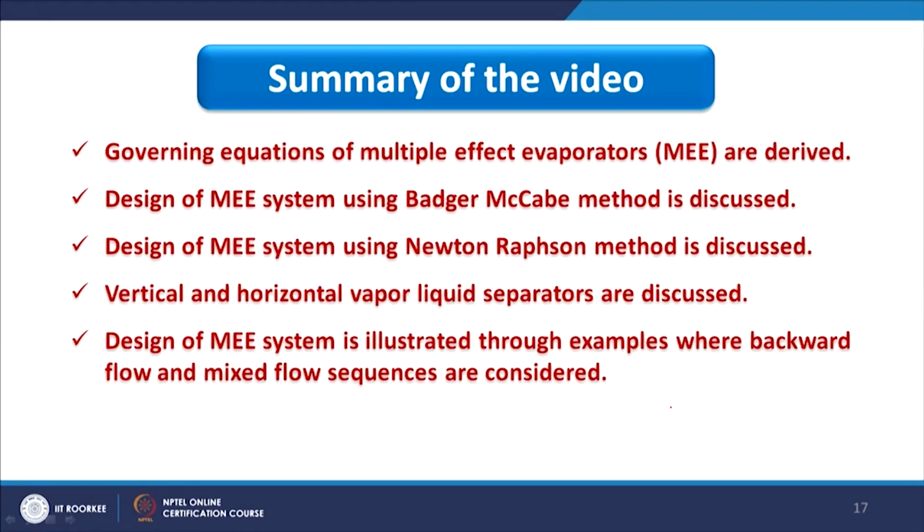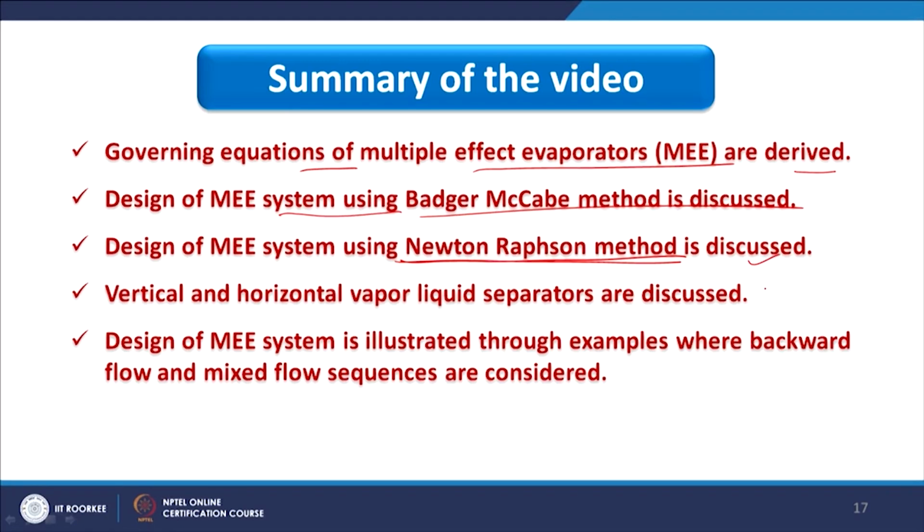This summary includes the summary of lectures 1, 2 and 3 of this week, and it goes as: in these lectures governing equations for multiple effect evaporator systems are derived, design of multiple effect evaporator systems using the Badger-McCabe method we have discussed, and further we have considered design of a triple effect multiple effect evaporator system using the Newton-Raphson method.